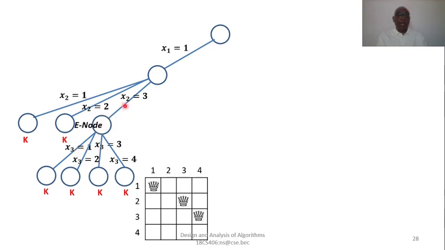The algorithm backtracks and makes this node the E node, the node to be expanded, and tries to build its children which are unexplored. Can we find out what is the unexplored child of this node? The unexplored child of this node is the one corresponding to the value x2 equal to 4.